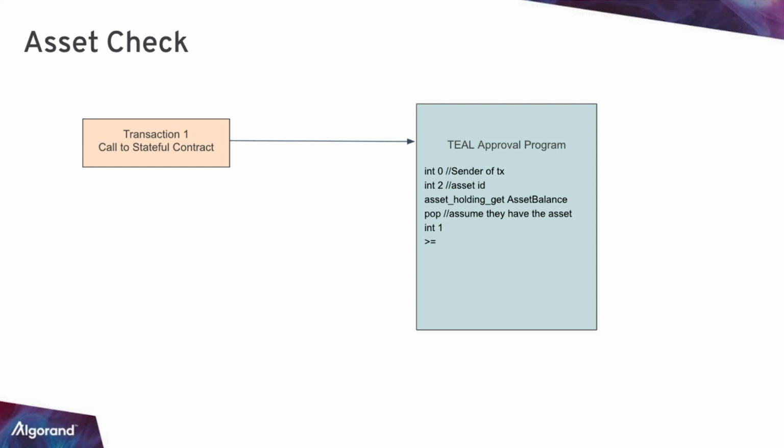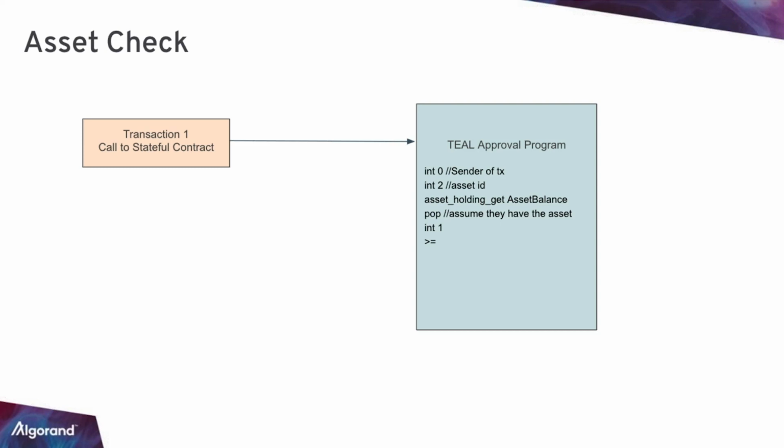So in this case, asset_holding_get asset balance returns 2 values. It returns at the top of the stack whether it's true or false, that it found it, so it'll return a 1 or a 0 if it found it, and if it did find it, the second value below that would be the actual balance. So in this case, I'm doing a pop, which just pops the top value off the stack and throws it away.